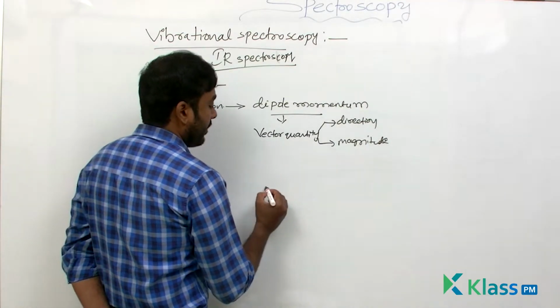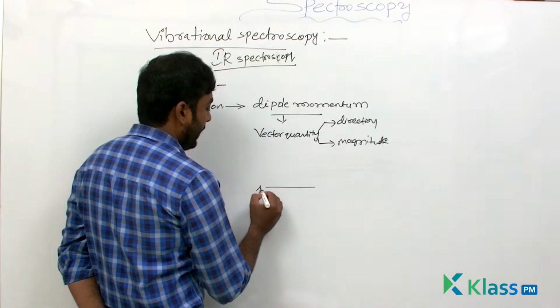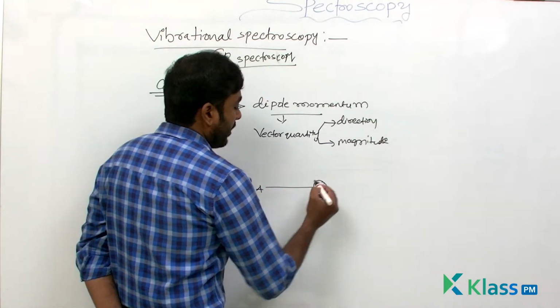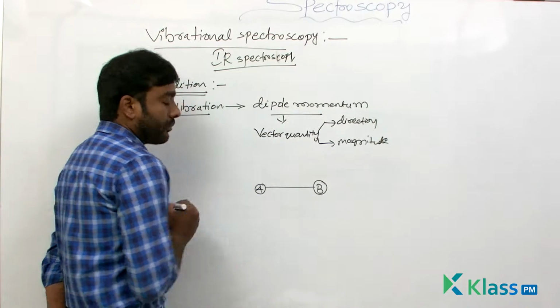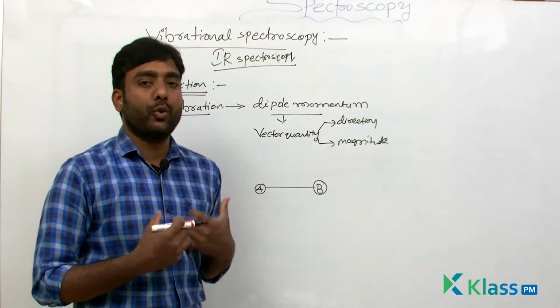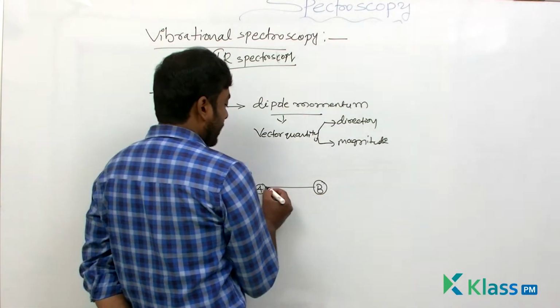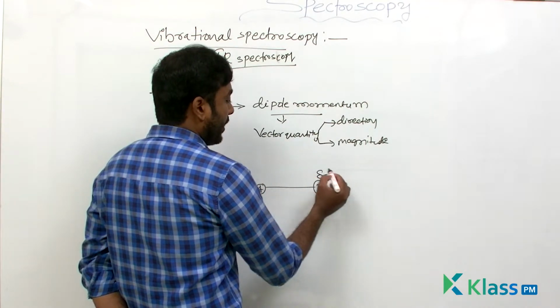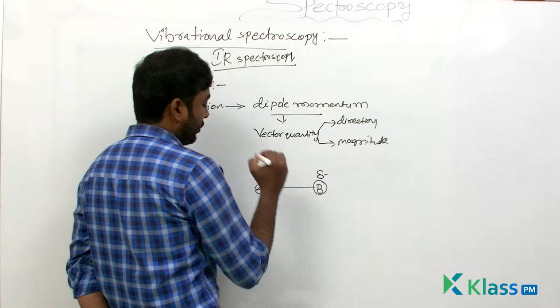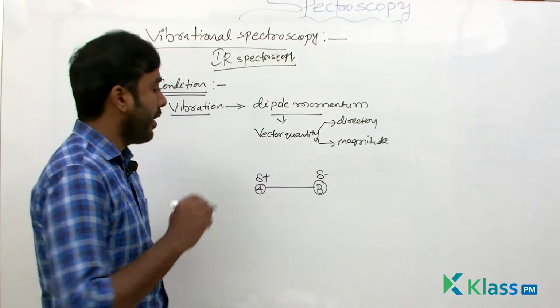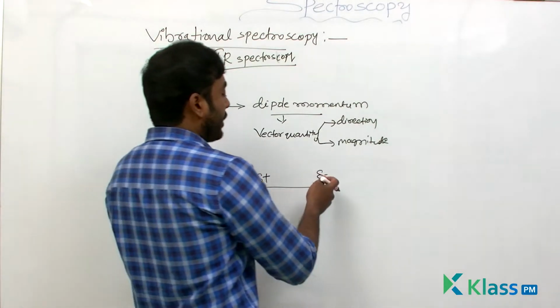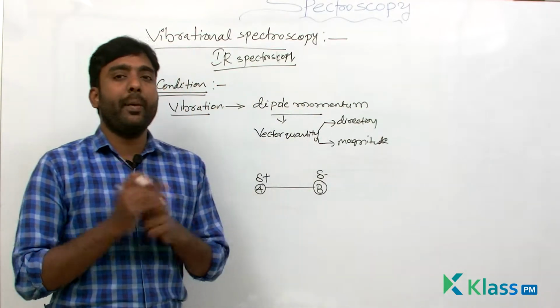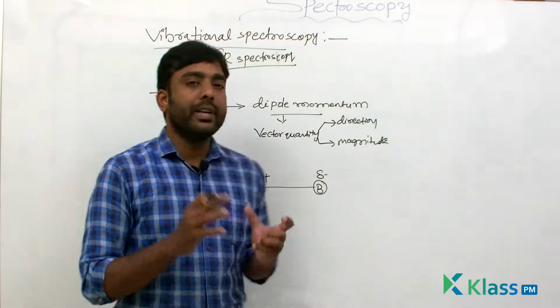Look here. I have taken a molecule AB. Compared to A, B has high electronegativity, so it attracts the shared pair of electrons towards itself. So it gets the partial negative charge, and A gets the partial positive charge. Now these molecules start vibrating.